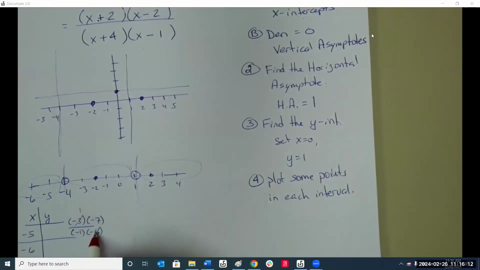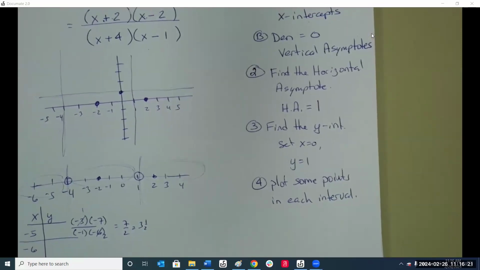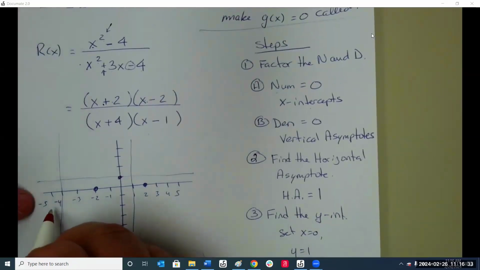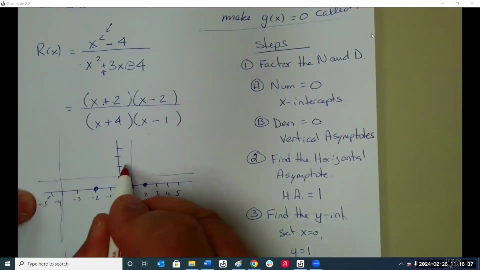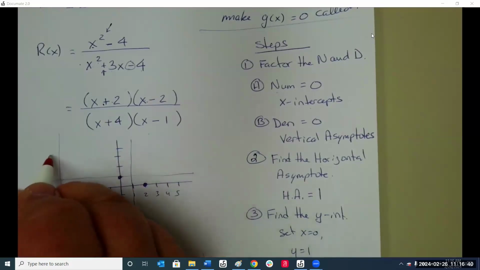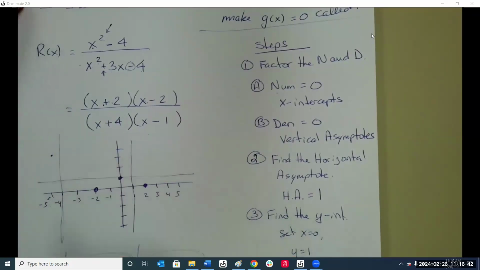The 3 and the 6 cancel. So we have 7 over 2, which is 3.5. So at -5 it is going to be 3.5. Put that there.